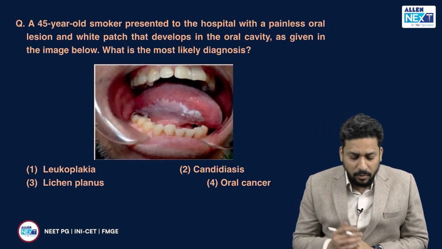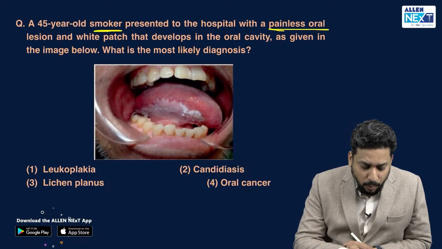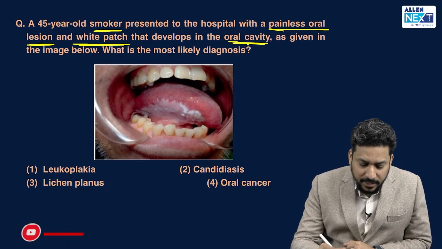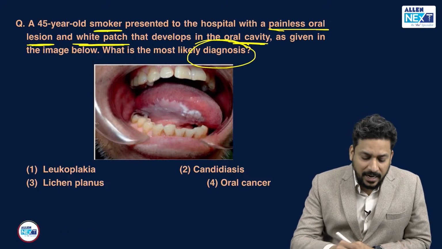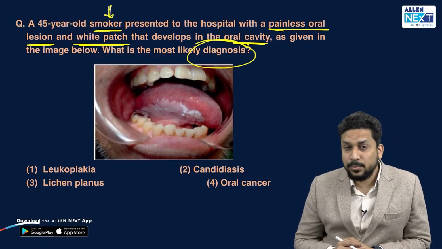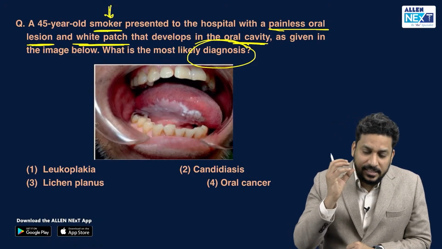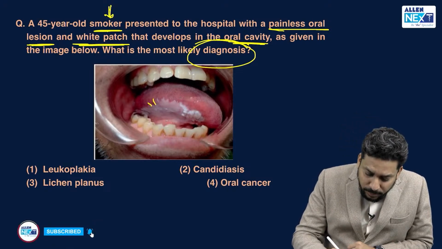A 45-year-old smoker presents to the hospital with a painless oral lesion. This is a white patch which is developing in the oral cavity as shown in the image below. What is the likely diagnosis? Now you know that smoking is a predisposing factor for various malignancies as well as leukoplakia. Here you can see that this whitening is only on the lateral part of the tongue, which is also having these hairy projections.